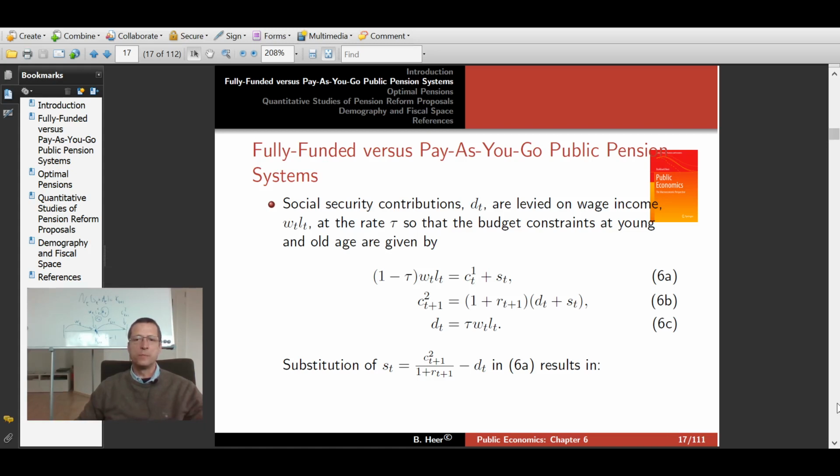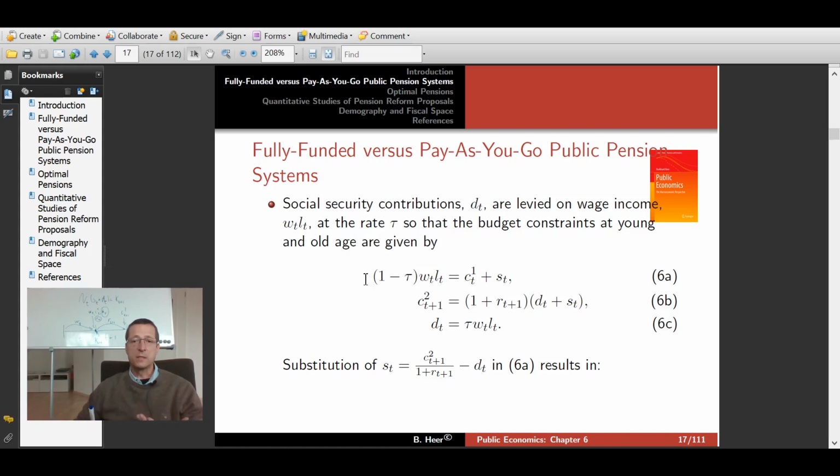Now, different from equation 4, we now have a budget constraint 6a at young age, where we spend our net income, net of social security contributions tau times w_t, on consumption c_1 and savings s_t. So our disposable income is now our wage income w_t minus contributions to the pension system, tau.